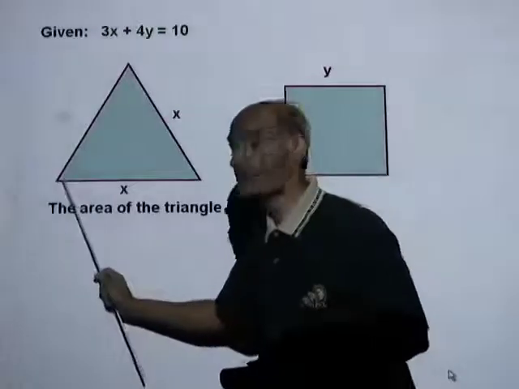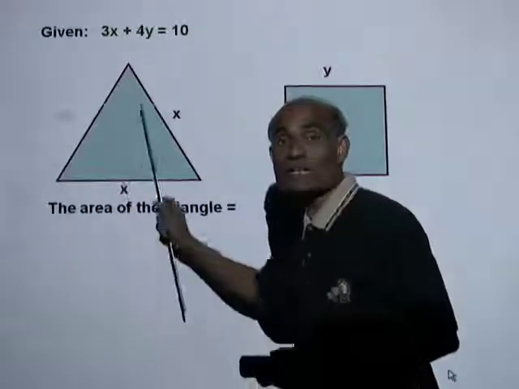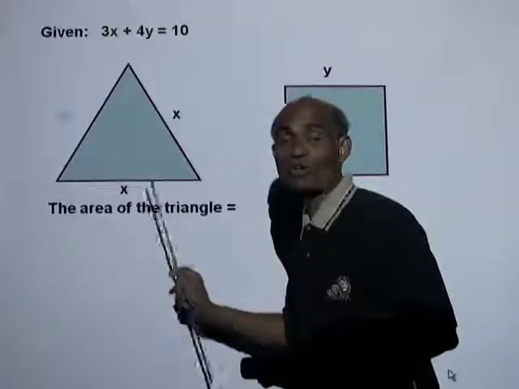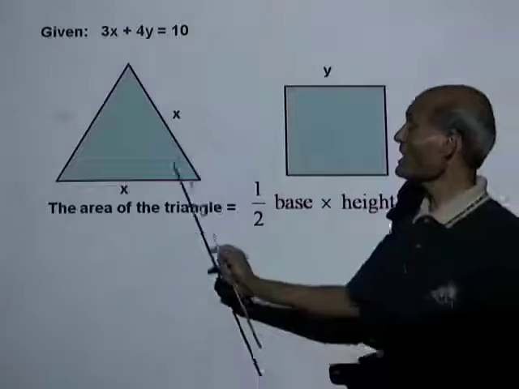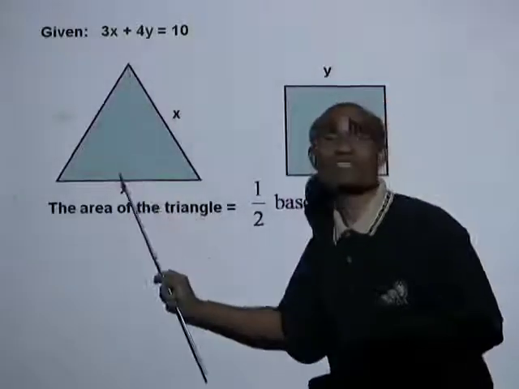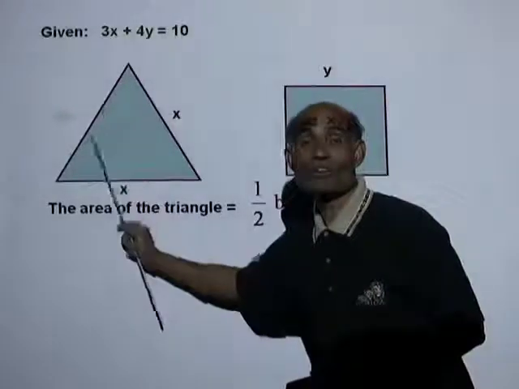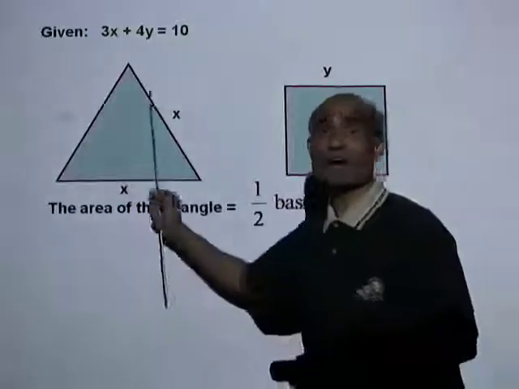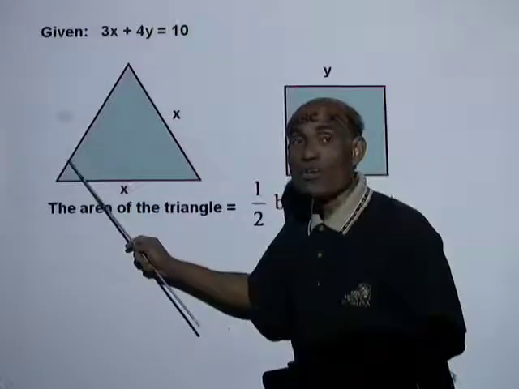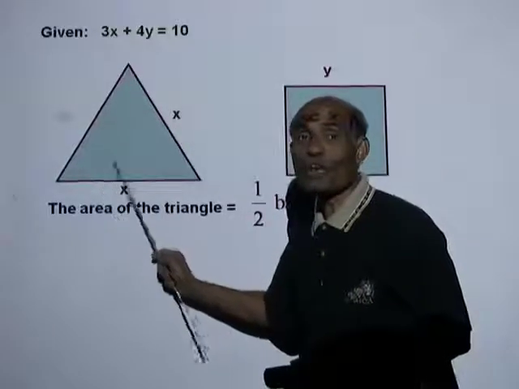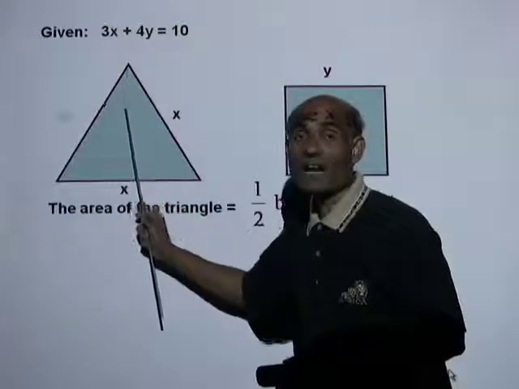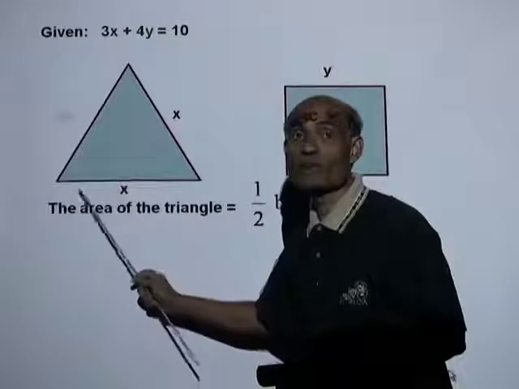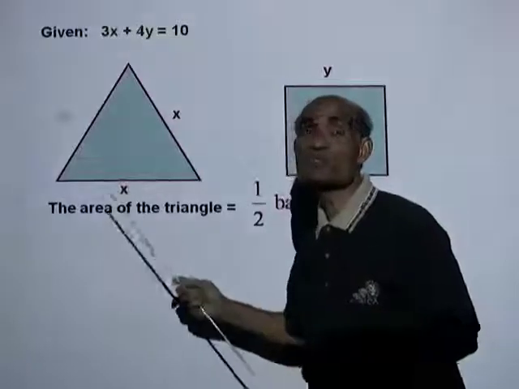What is the equation for the area of a triangle? Area of a triangle will be 1/2 base multiplied by the altitude. Well, now what is the altitude or height of the triangle here? Because this is an equilateral triangle, you should know that each angle is 60 degrees, and the height of the triangle will divide the base into 2 equal parts.